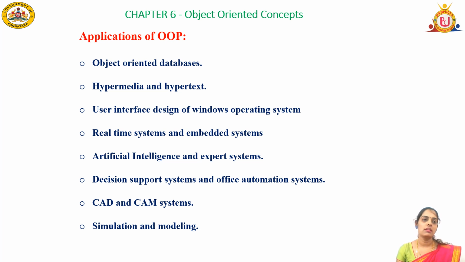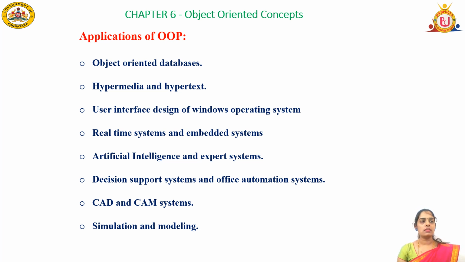Next one is artificial intelligence and expert systems. Examples are Google Maps, or the face detection and recognition system. Next one is decision support and office automation systems.